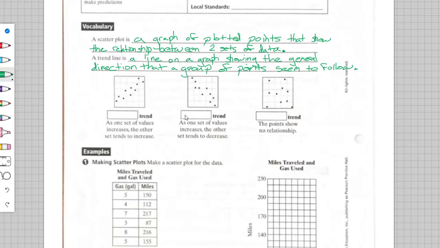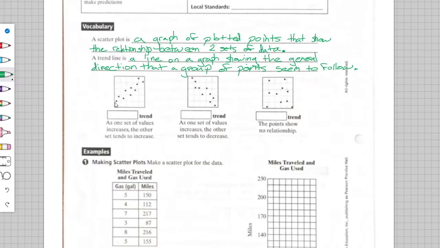So, for example, on the first one underneath, we have a trend that is, as you're moving to the right, it's going up. And if we think about that from our linear equations, our slope intercept equations, as we move right, what type of slope is that? That was a positive slope.